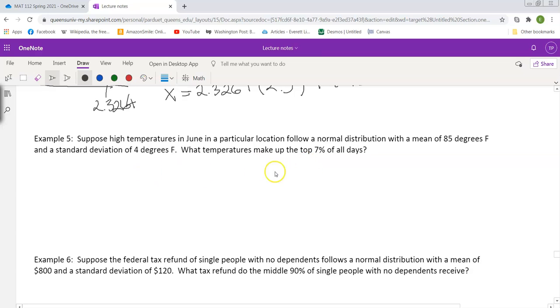Here we want what temperatures make up the top 7% of all days. We're first going to find the value of z that makes up the top 7%. We start with norm.s.inv.